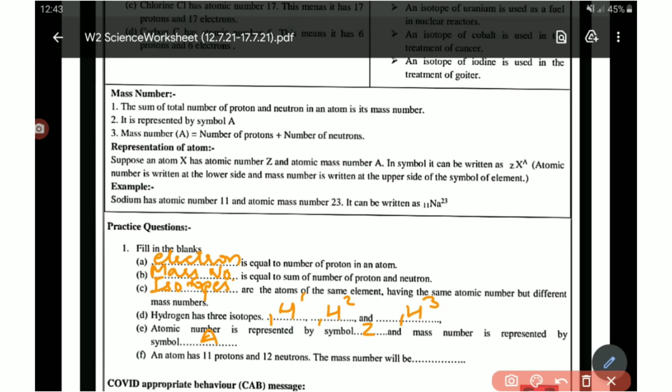The mass number is, so you all know mass number, you have to add protons and neutrons. So let us add them. Mass number A is equal to 11 plus 12. So when you add them, what you get is 23. So the mass number here becomes 23. So this was worksheet number 6. Thank you.